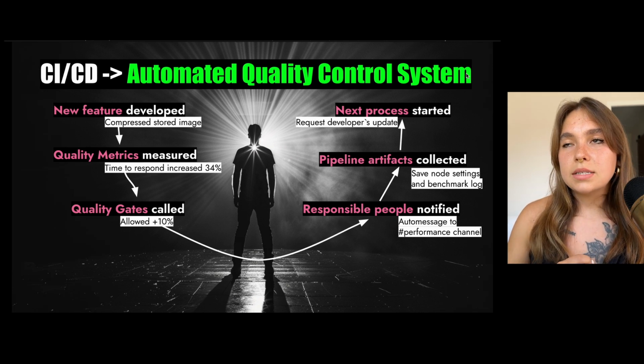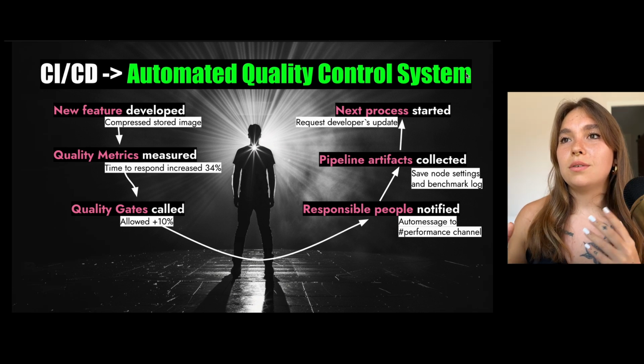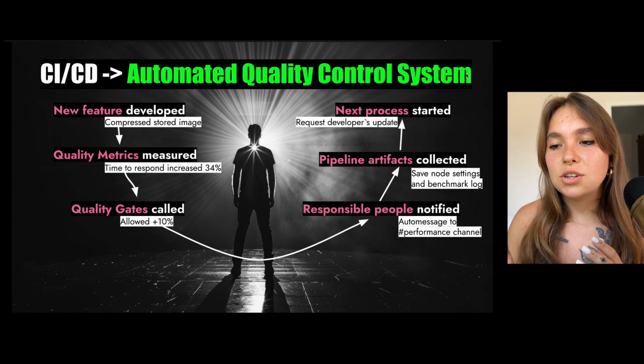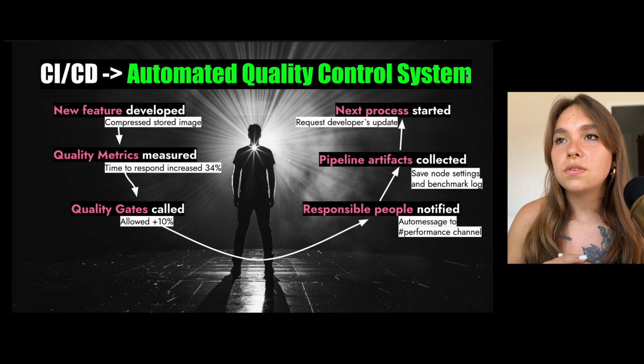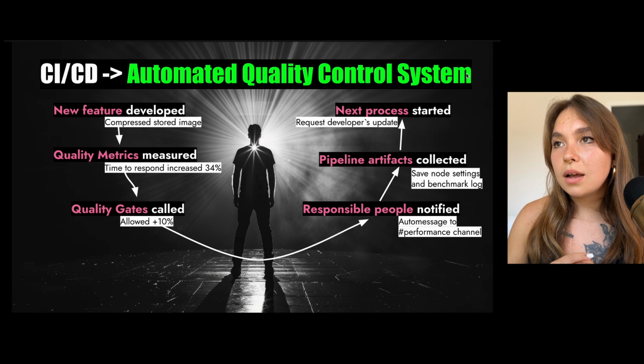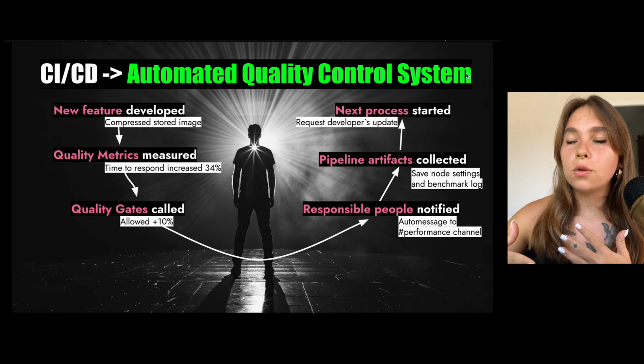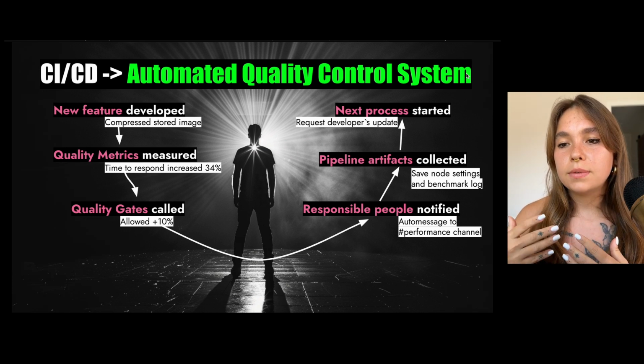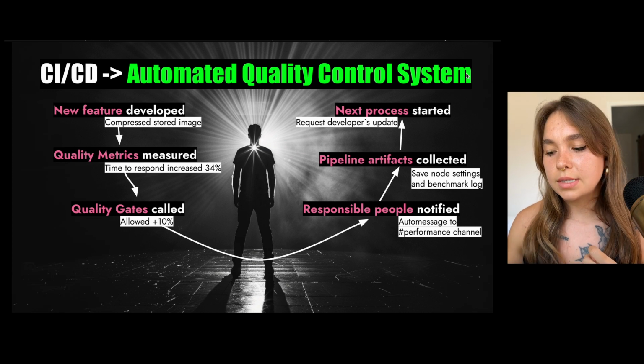Okay, it can sound really cool, but of course you would ask, okay, how can we achieve it? It sounds very difficult technically and also in terms of processes. Okay, I will try to show you different steps you can follow to set up this type of quality control system.